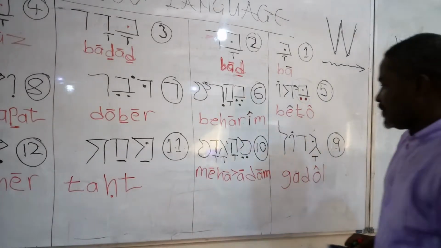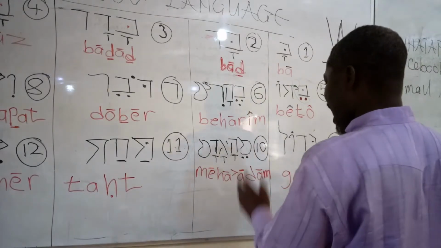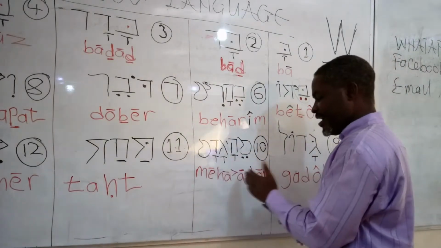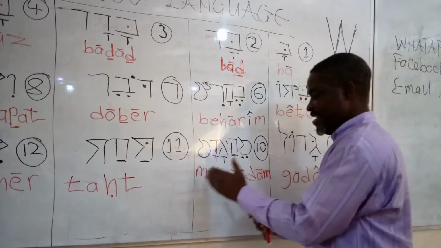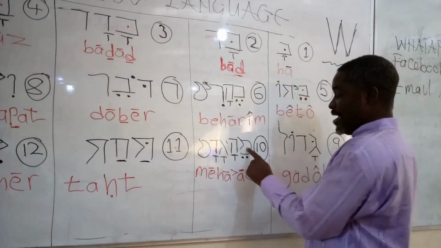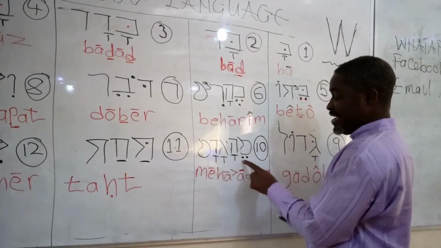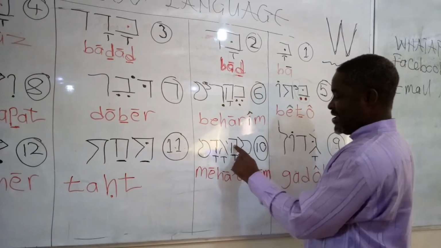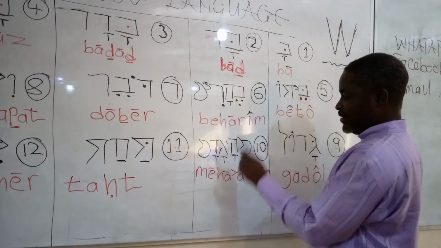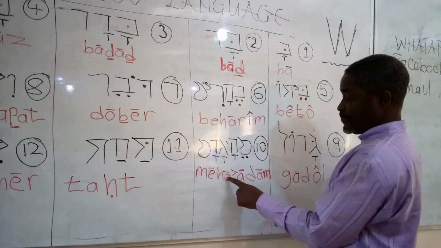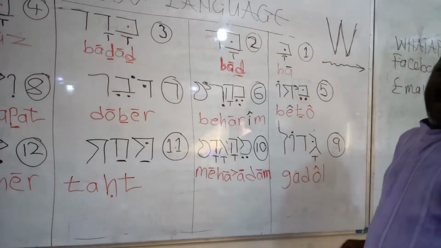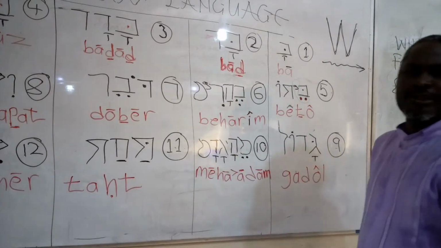The next word is Me'adam. Let's spell it. You have Mem, you have Sere, which is a long E. Then you have A, which is an H. Then you have Kamesh, which is long A. Then this letter, Aleph, has no English representation.